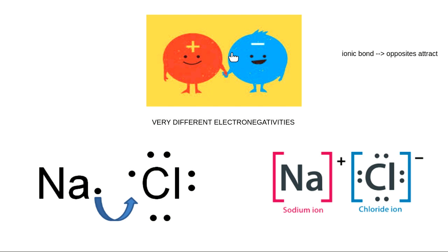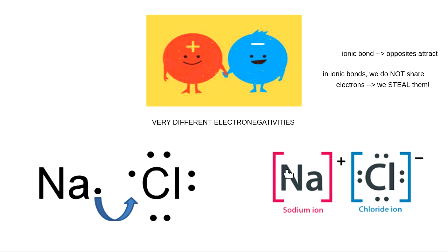Here is an important idea to write down about ionic bonds. In ionic bonds, we do not share electrons. We steal them. Like I said, I like to call ionic bonds stealing bonds. Somebody has the electron, somebody lost the electron.